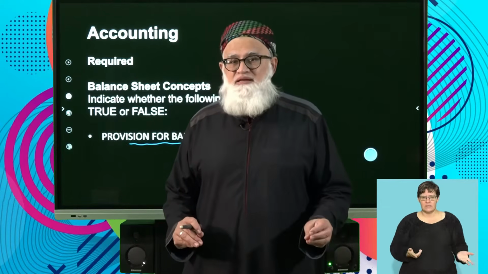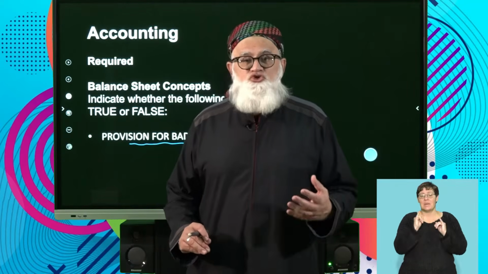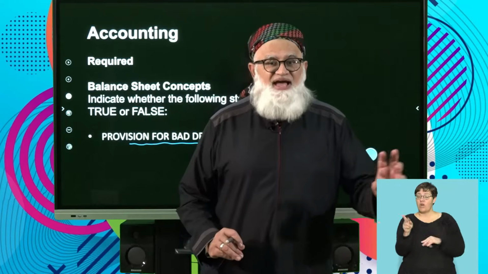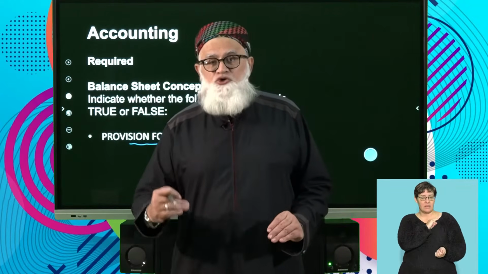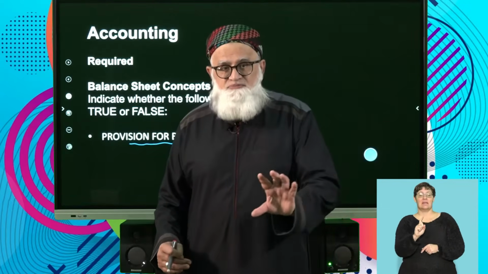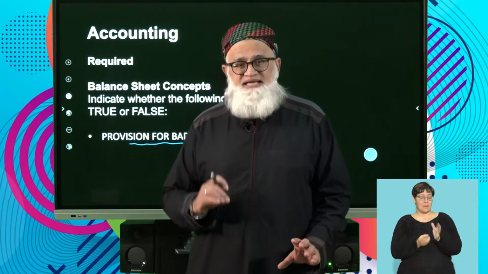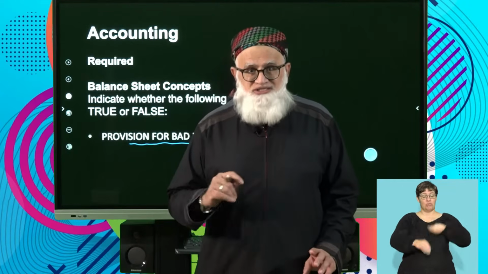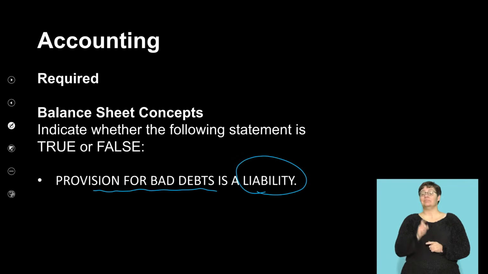Provision for bad debts is what we refer to as a negative asset. Why? It reduces the value of your asset. Which asset? Debtors control less provision for bad debts gives you net trade debtors. So it is not a liability. Therefore, this statement would be false.